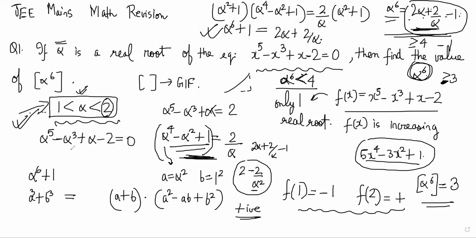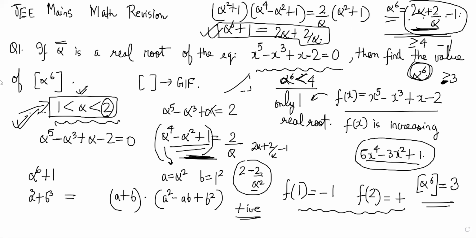You get this equation by multiplying by alpha square plus 1 on both sides and using the a plus b cube identity. If you can write it like this, then it is doable, because you can figure out the range of this part, 2 alpha plus 2 by alpha minus 1, because you already know alpha lies between 1 and 2.